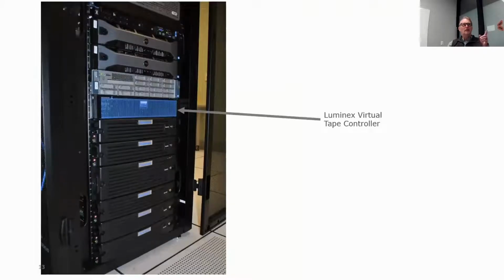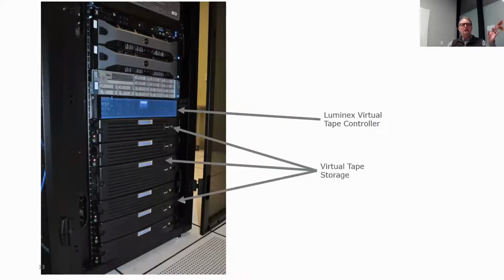And the way that works, this is a Luminex example: the Luminex and all of the others emulate a tape drive, and then they use some sort of storage media to emulate the tapes. So you can write to a tape, quote unquote, and it's really just creating a file on disk. And then the disk usually replicates somewhere offsite. So you don't really have any tape handling or tape motion, but this is a really nice way of automating backups for mainframes.